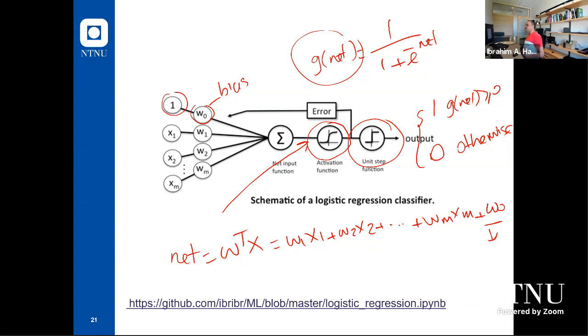They call it a perceptron when it has a binary or step activation function. But when it's logistic regression, just call it the logistic regression model. When you use different activation functions, they call it logistic regression.